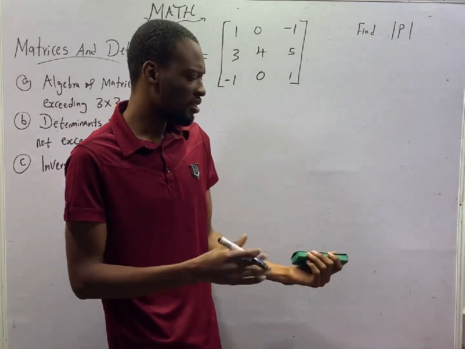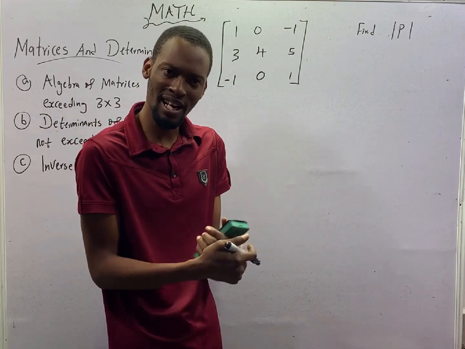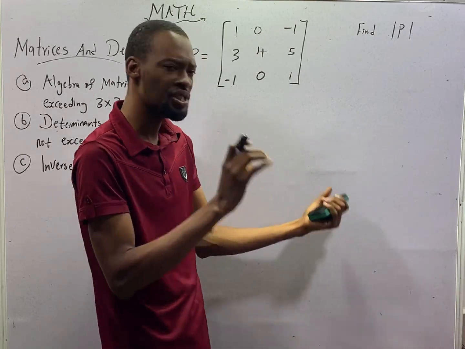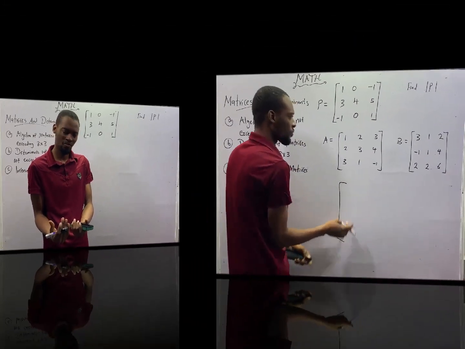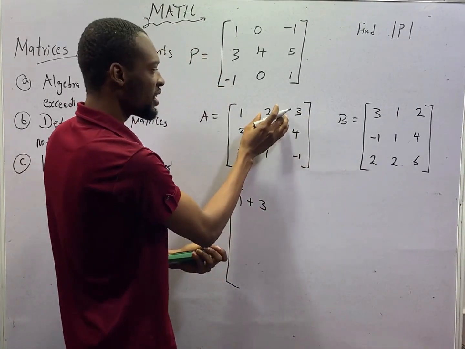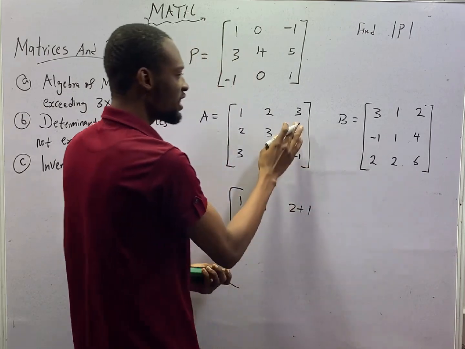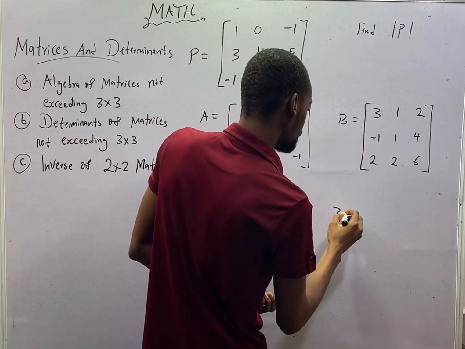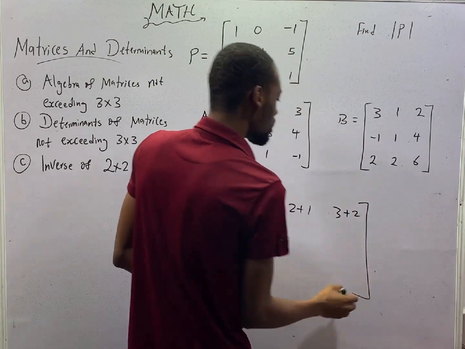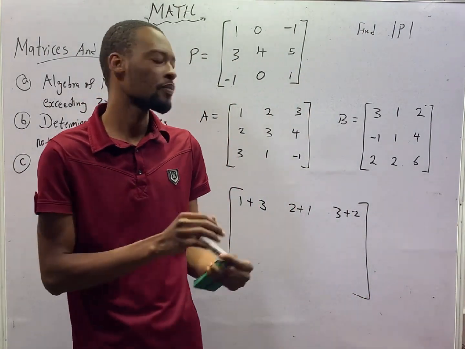If you are given matrices like this and asked to add, subtract or multiply, this is what you should do. 1 plus 3. Then here, 2 plus 1. Then here, 3 plus 2. You see, you add the ones in similar positions.